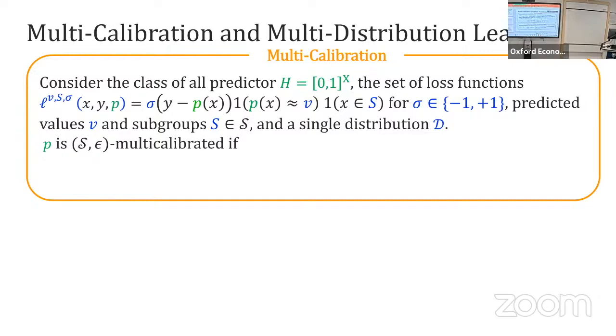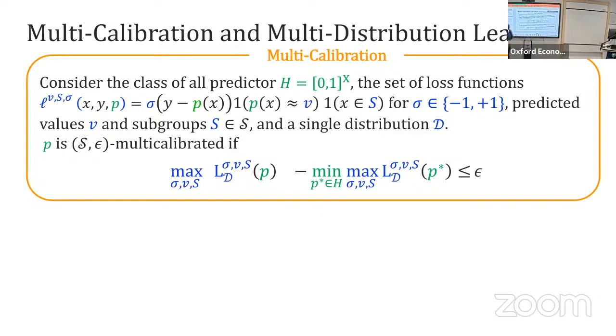So the loss would be something like this: over or under prediction, the gap between the predicted and real value, and whether the prediction fell in that calibrated bucket, and whether X fell in a specific subgroup of people. So that's the type of loss that you want to think about. And in fact, if that's the way you think about this, you have truly multi-calibration, in the sense that your classifier is multi-calibrated if it fits that multi-objective framework that I said before.